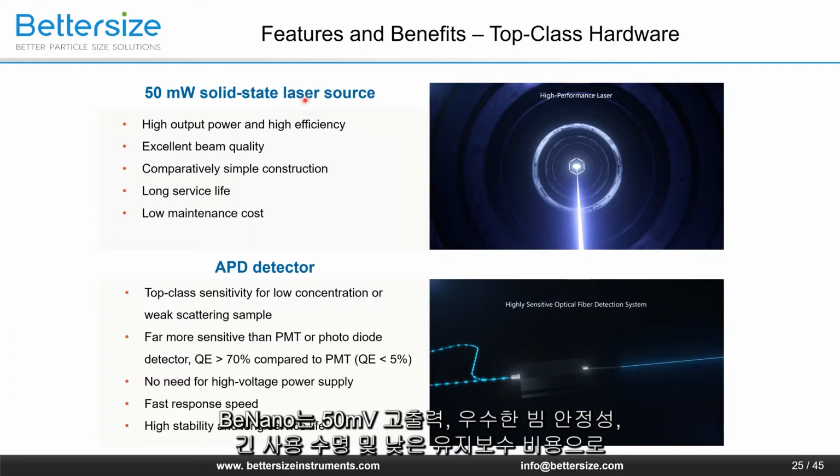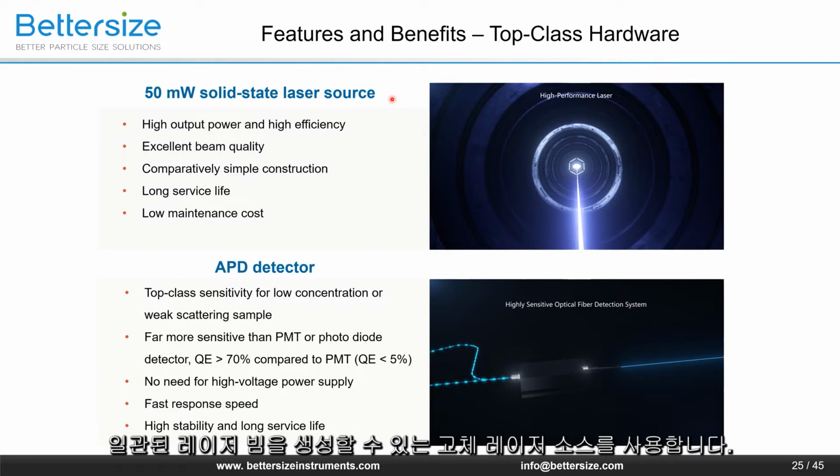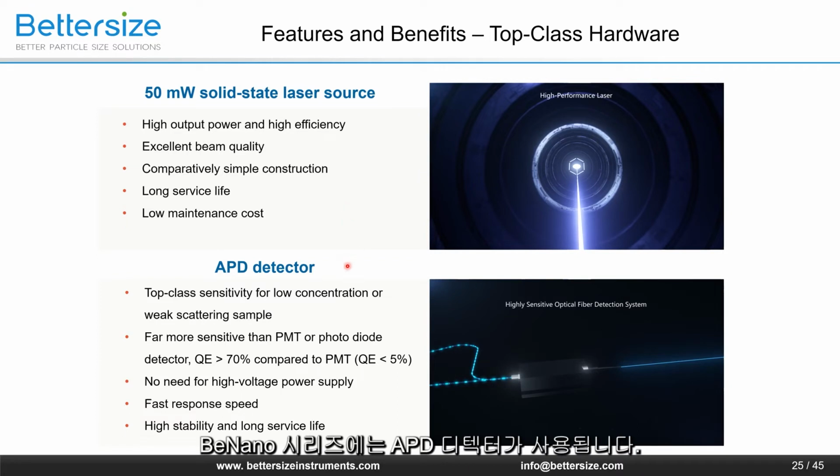The BeNano uses a solid-state laser source with the power of 50 mW, which can generate coherent laser beam with high power, excellent beam stability, long service life, and low maintenance cost. APD detector is used in the BeNano series. The detector significantly decides the sensitivity of the instrument.